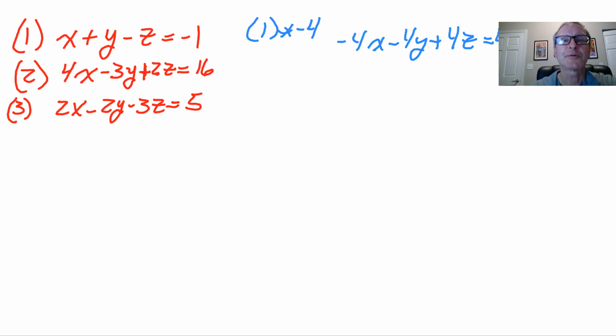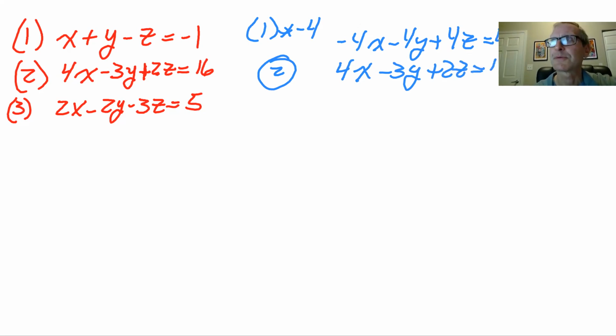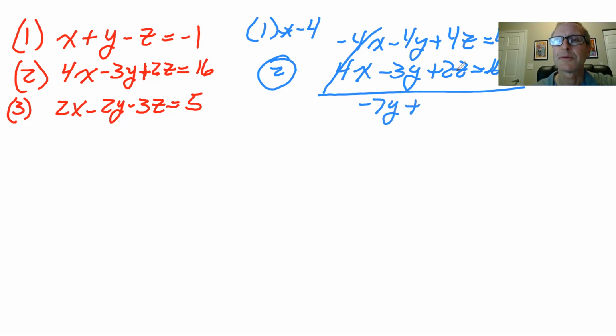And if we bring over equation 2, it would be 4x minus 3y plus 2z equals 16. So if we add these together, the x's cancel. That was our strategy. And we have minus 7y plus 6z equals 4 and 16 is 20. So that's going to be our new equation 2.